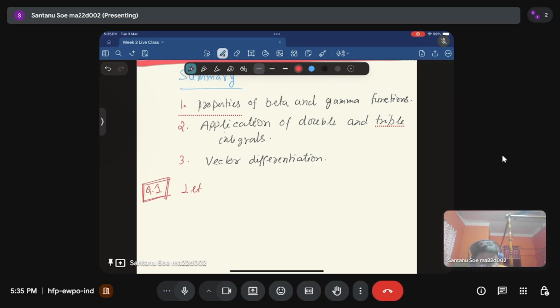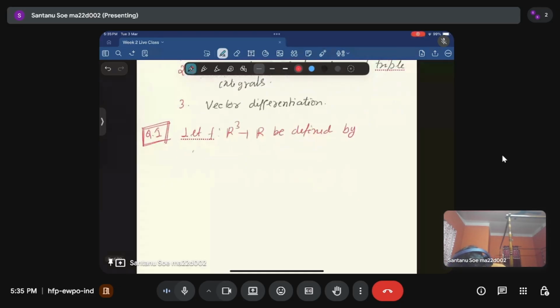Let f from R3 to R be defined by f of x, y, z equals cos x plus 2 e to the power y square by 2 plus z cube.